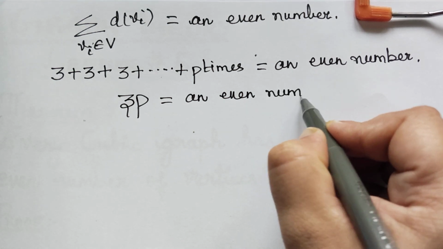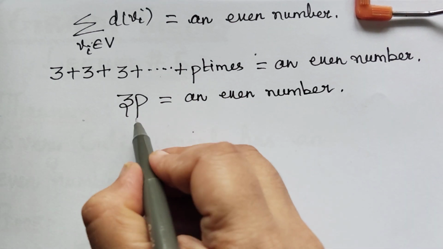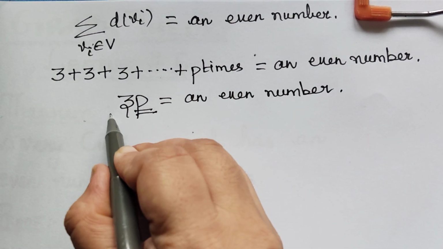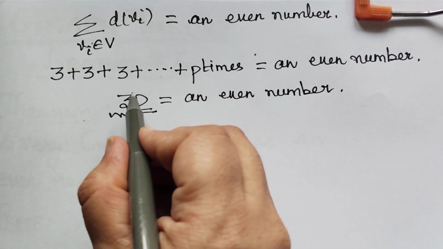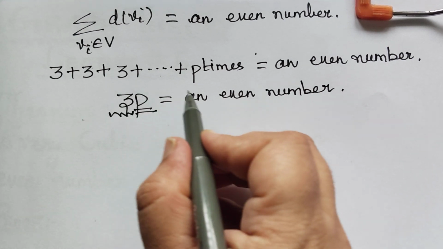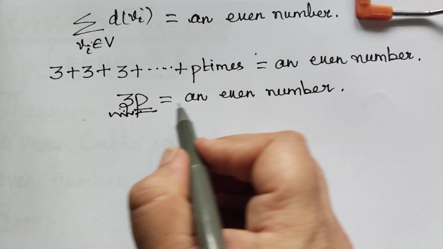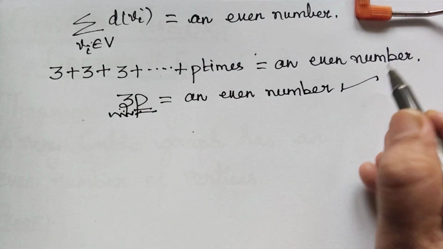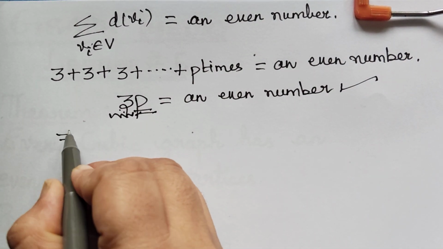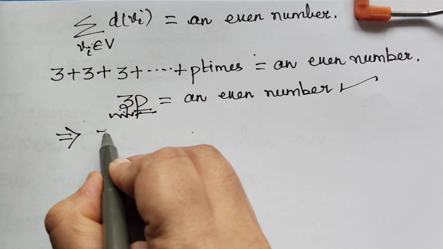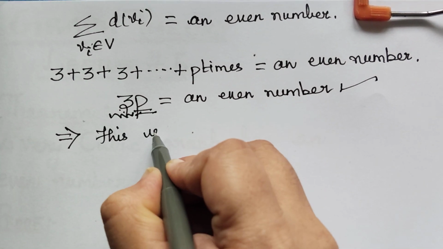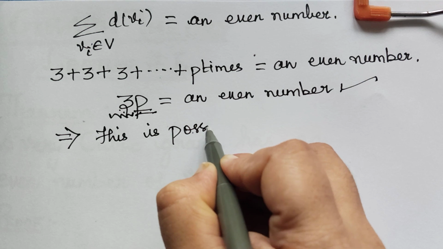And when can this relation be possible? Only if p is an even number, because 3 is an odd number. So if you want an even number, then you have to multiply 3 with an even number in order to get an even number. So when can this relation be possible?